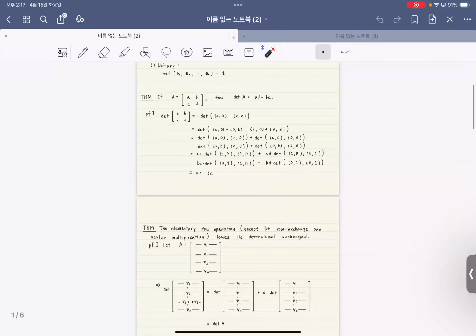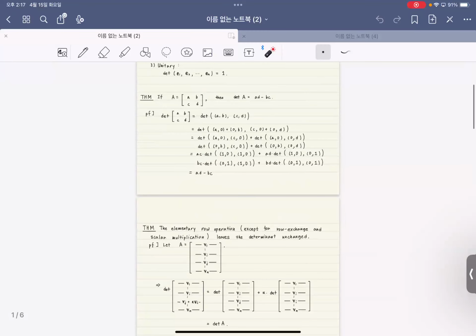You are allowed to multiply some row and add it to another row, which was the first elementary row operation. Also you can freely multiply any row by any non-zero scalar. And you're also free to exchange the order of the rows. These three things we call the elementary row operations.